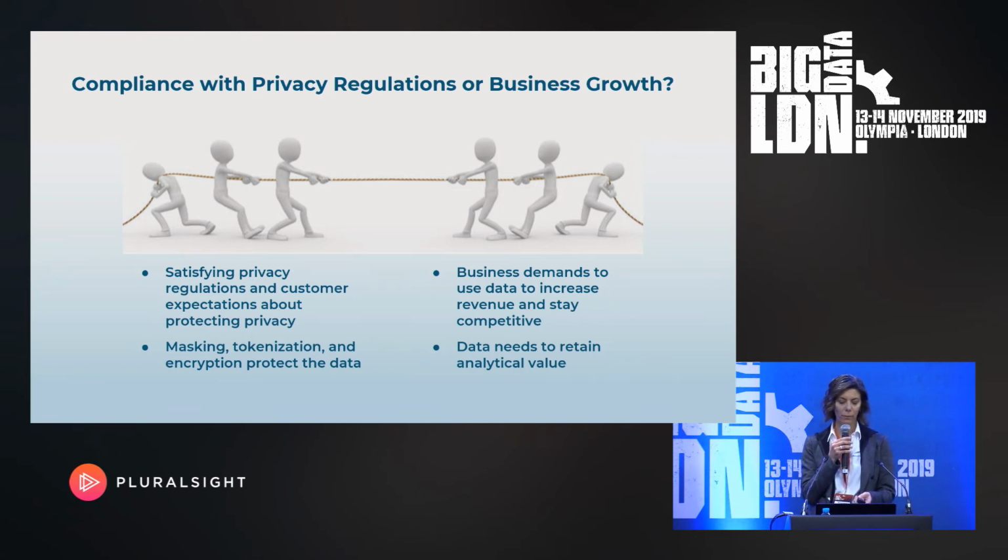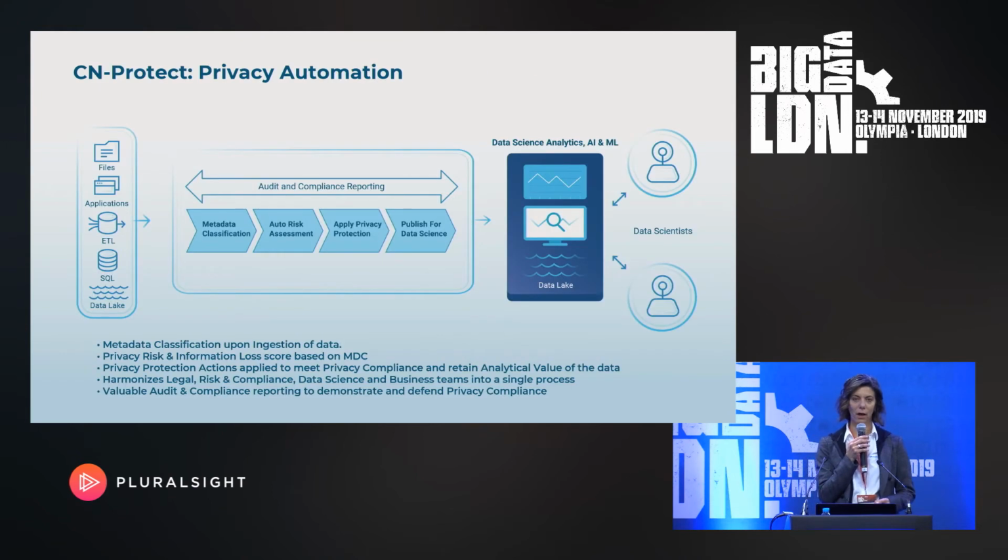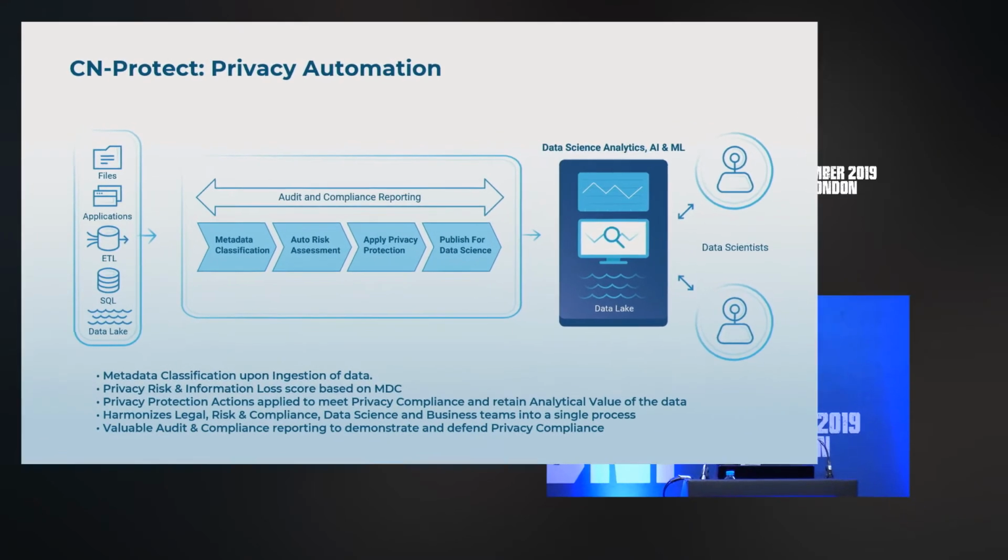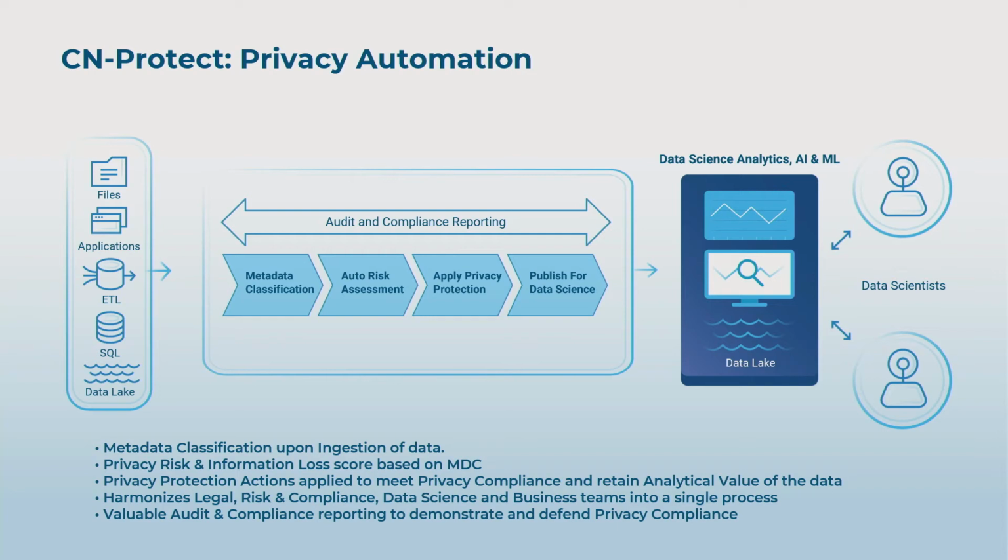And this is where privacy automation comes in. Now, to take data out of scope for GDPR, you have to anonymize it. CCPA uses de-identification. And so our privacy automation solution allows you to automatically look at a data set, determine what are direct and indirect identifiers within that data set.